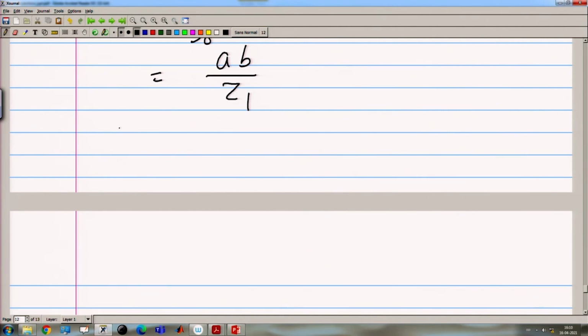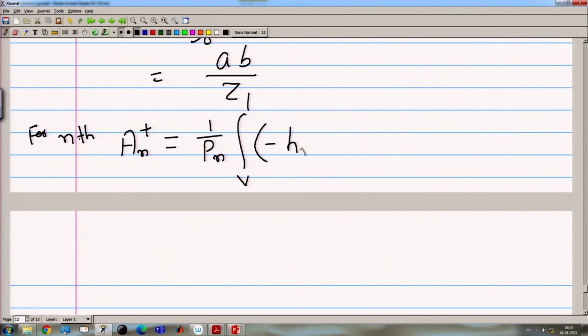So, for the nth mode we know that An plus, for the magnetic source, that is 1 by Pn volumetric integral of minus Hn, that vector, plus Hz, then the magnetic source M, e to the power j beta n into z into dV. This is for the magnetic source, which is different from the electric source.